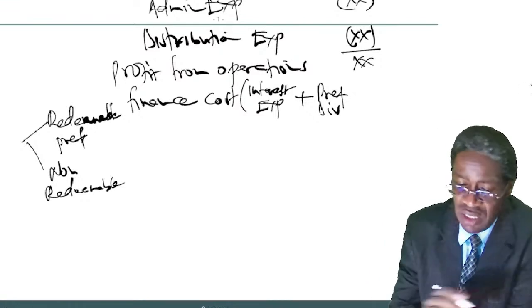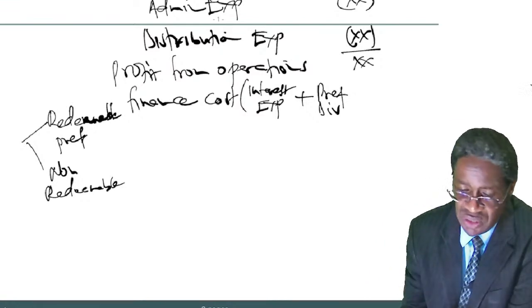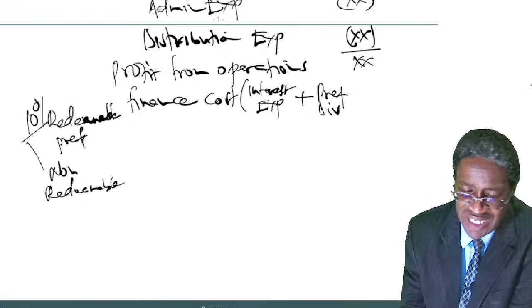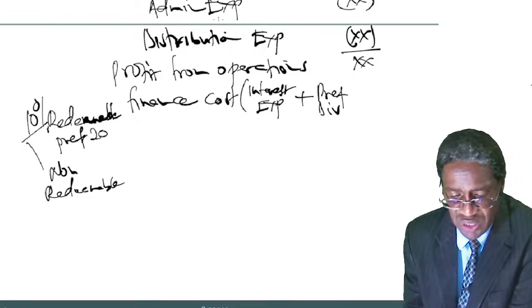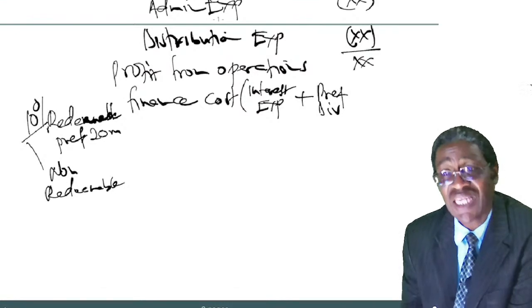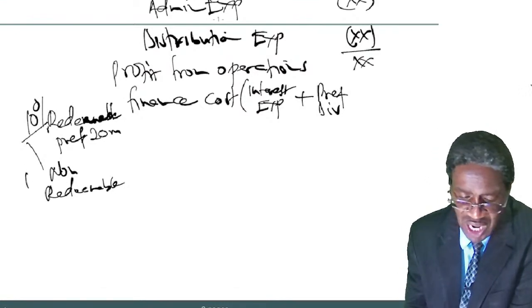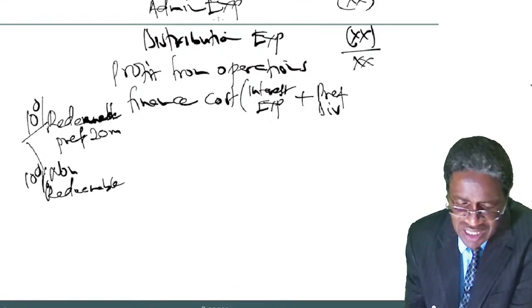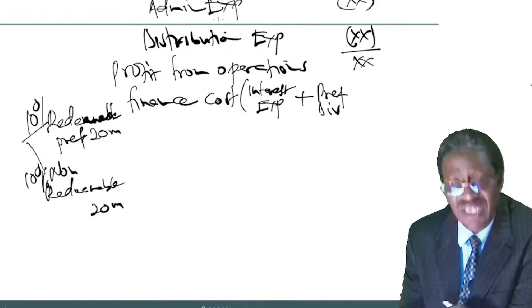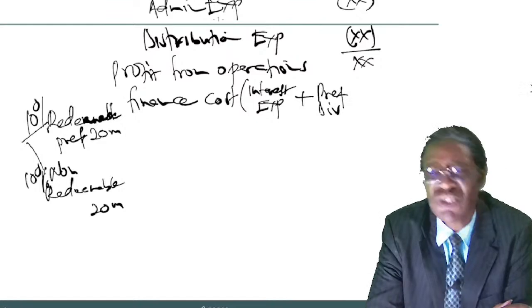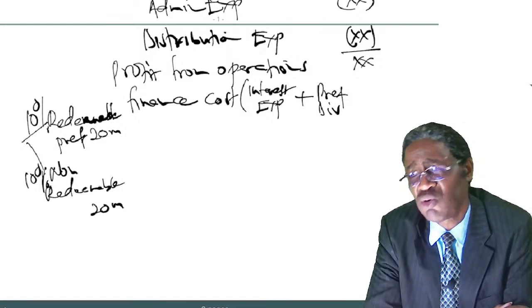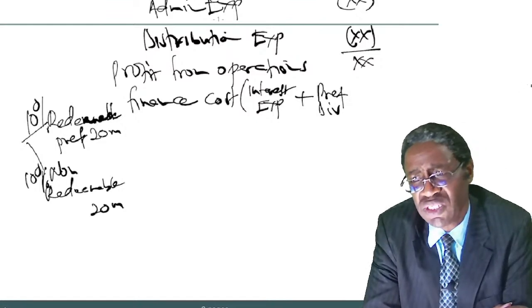Listen, assuming we have two companies. One company, A, issued a 10% redeemable preference share worth 20 million. Another company, B, issued a 10% non-redeemable preference shares, again worth 20 million. These two companies will still pay their shareholders a dividend of 2 million, 10% of 20.